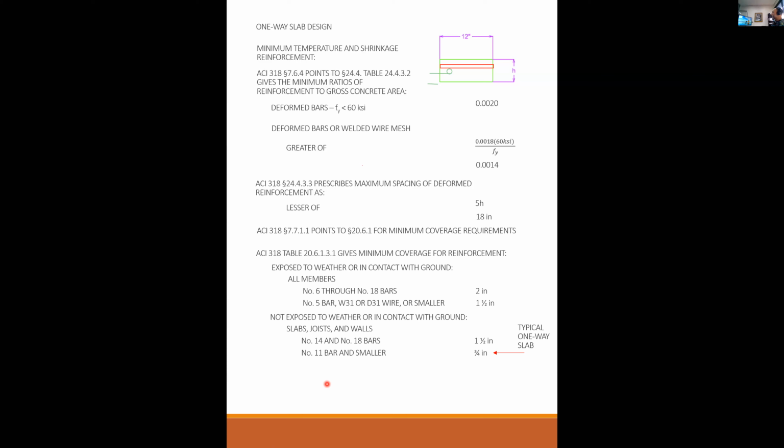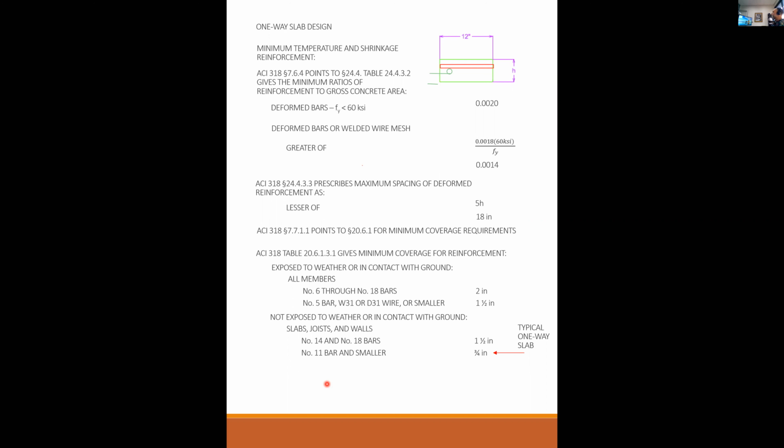That's a slab on grade. That's not a one-way slab. And very interestingly, slab on grades are not covered by ACI 318. They do not deal with slab on grades. Those are foundation systems, not structural systems.